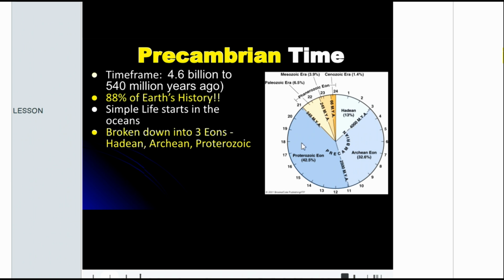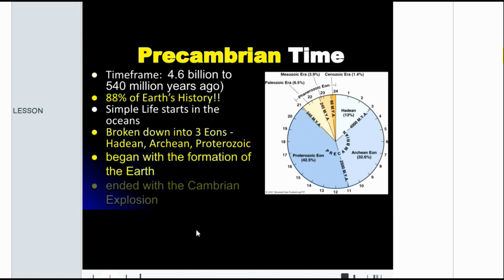Our Avalon explosion is going to happen up here in the Proterozoic, and then the Cambrian explosion is right here on the border of Precambrian time and the Phanerozoic eon. So Precambrian begins with the formation of the Earth and ends with the Cambrian explosion.